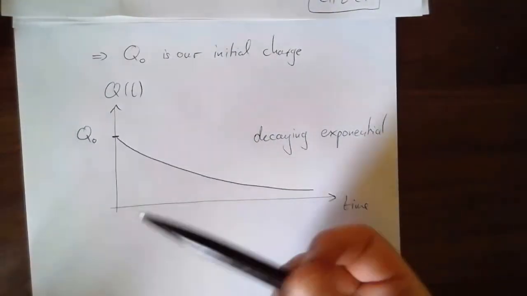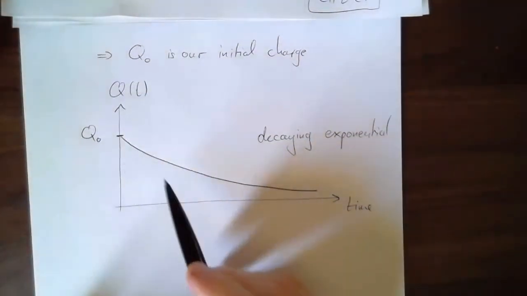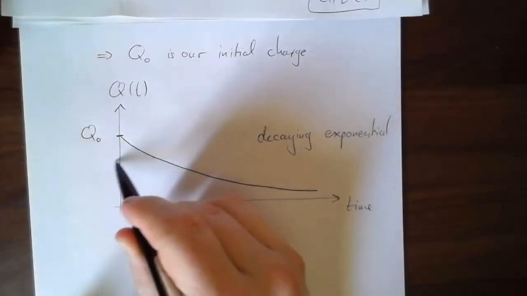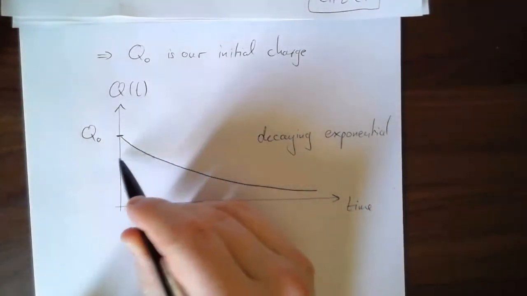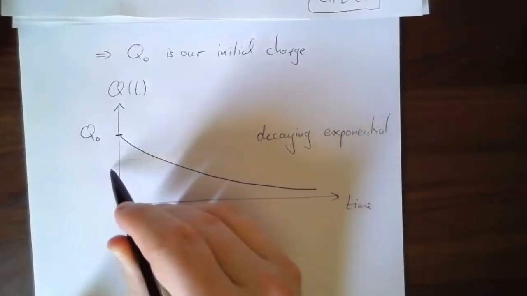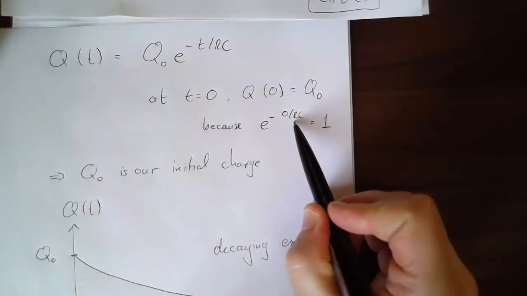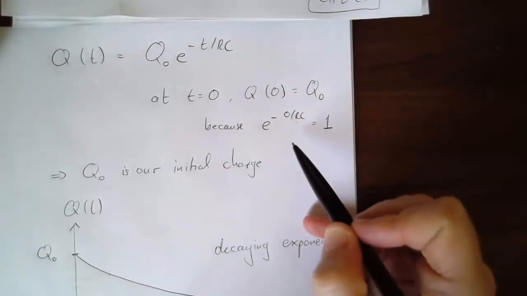Okay, so this is a time-dependent system. If I come back after 1 second, there'll be this amount of charge left on it. If I come back after 2 seconds, there'll be this amount of charge left on it. It depends on the resistance and the capacitance.